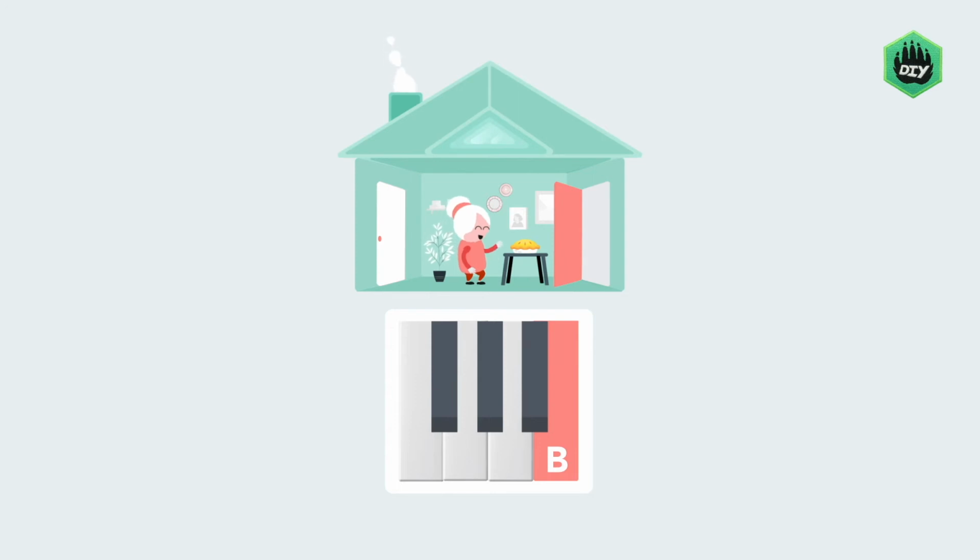When you enter Grandma's house through the front door, we say hi to Grandma, which is a G, and have a bite of apple pie, which is an A, and then go out from the back door, which represents a B. So now we have identified these notes as F, G, A, and B.